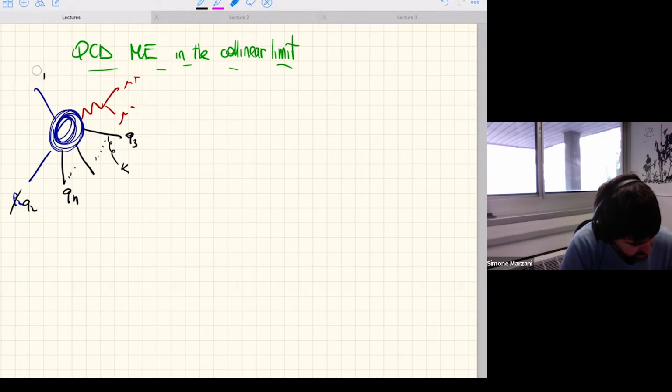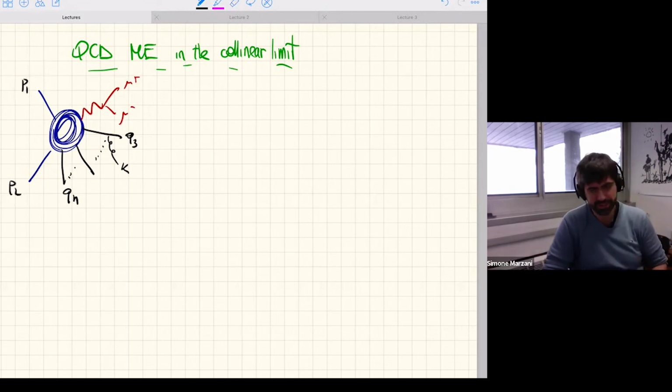Forget to say that, I don't want to spoil my notes. So let me write this as P1, P2 and then n partons in the final state. Otherwise, I need to change the notation. I apologize for this.